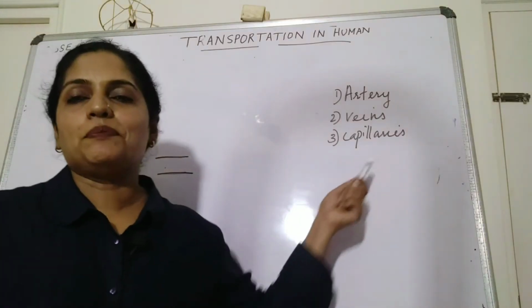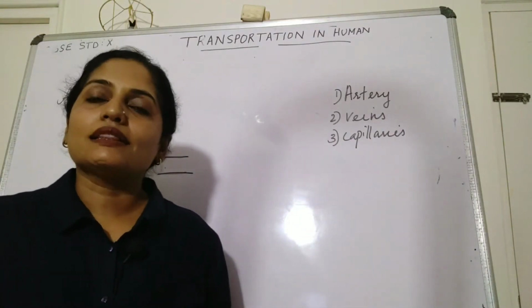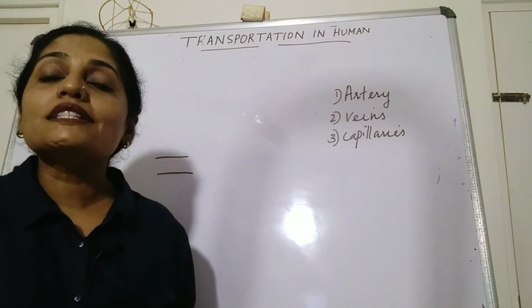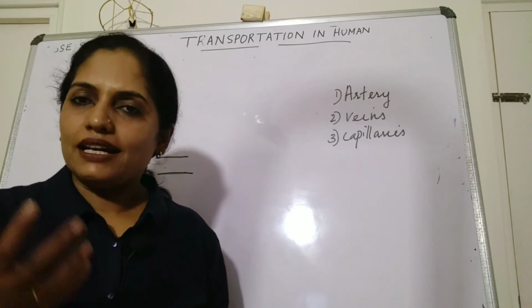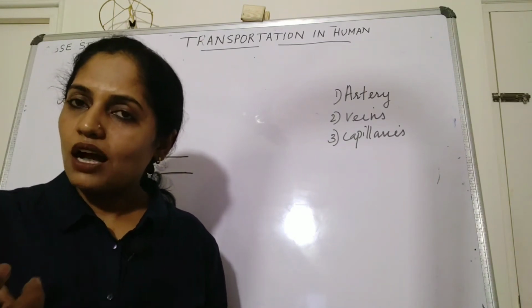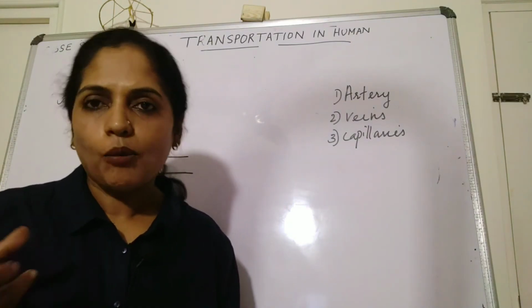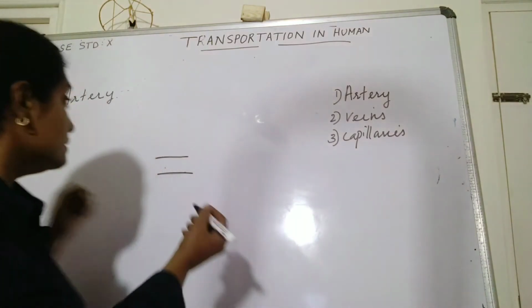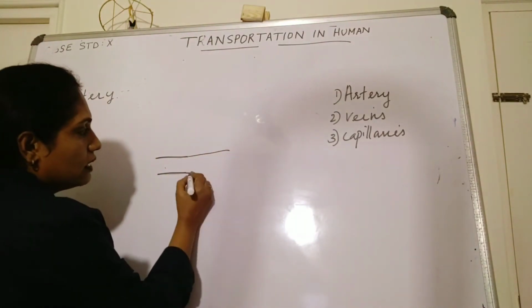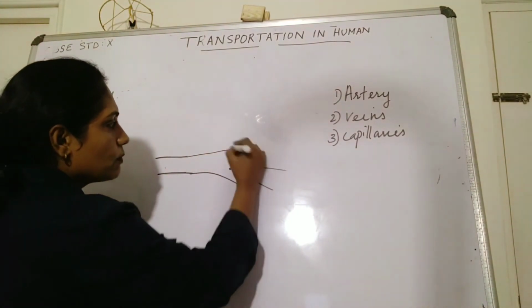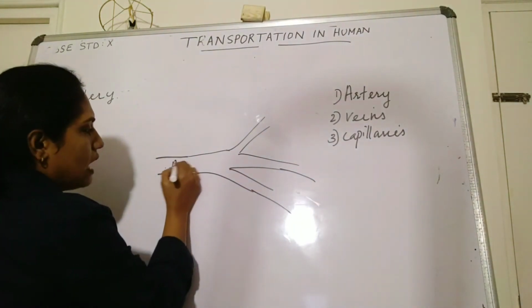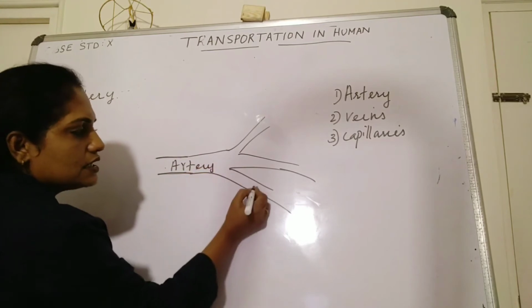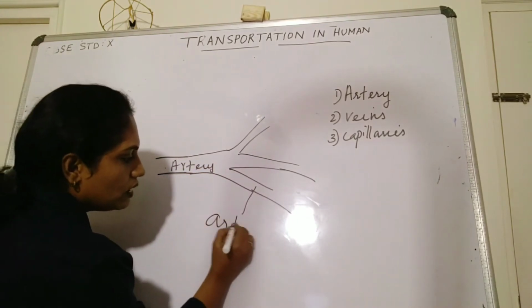Next is capillary. Capillaries are nothing but small branches of an artery. An artery carries blood from the heart to different parts of the body. Here, this artery branches into many arterioles.